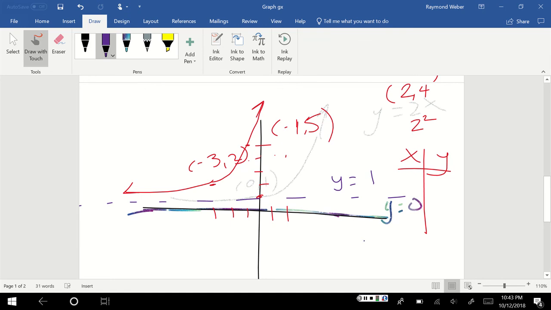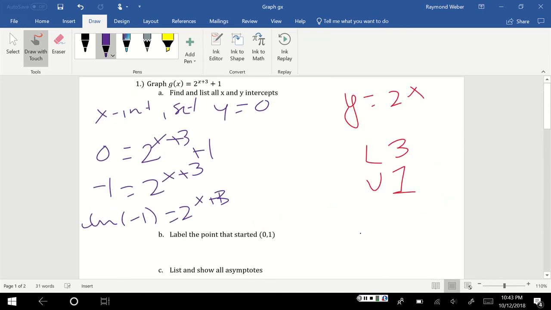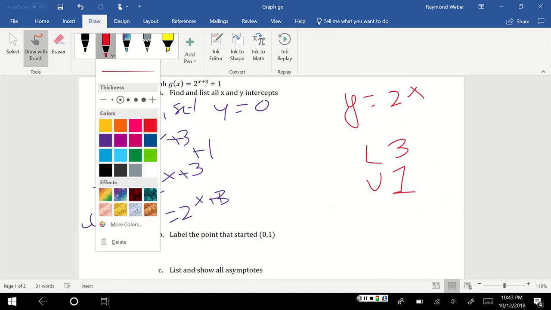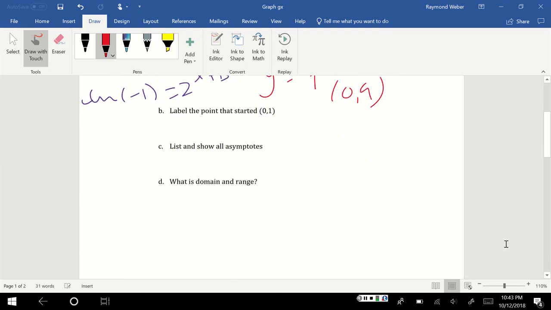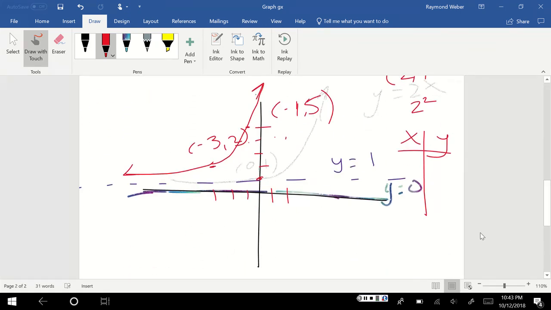So I knew it wasn't going to cross, but hey, I proved it too. Now to find the other one, we should get a y-intercept. So to find the y-intercept, I'm going to set x equal to 0. So then I get y equals 2^3 plus 1, which is 8, 9. So (0, 9).